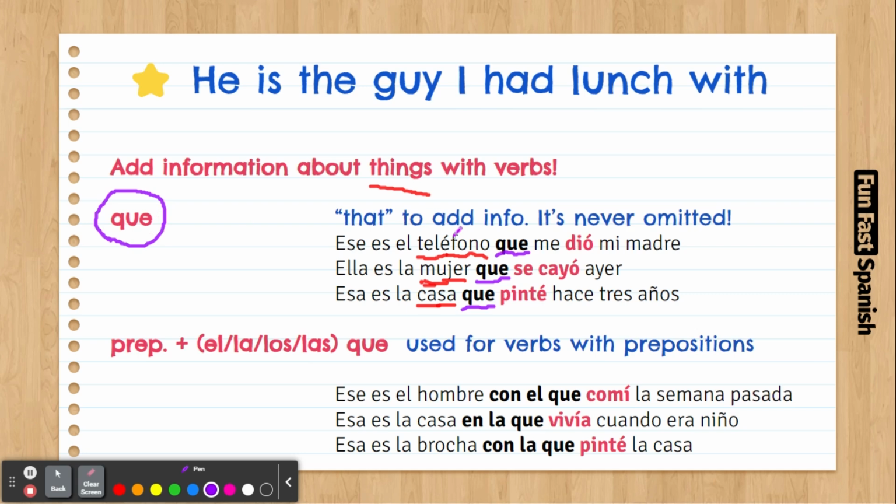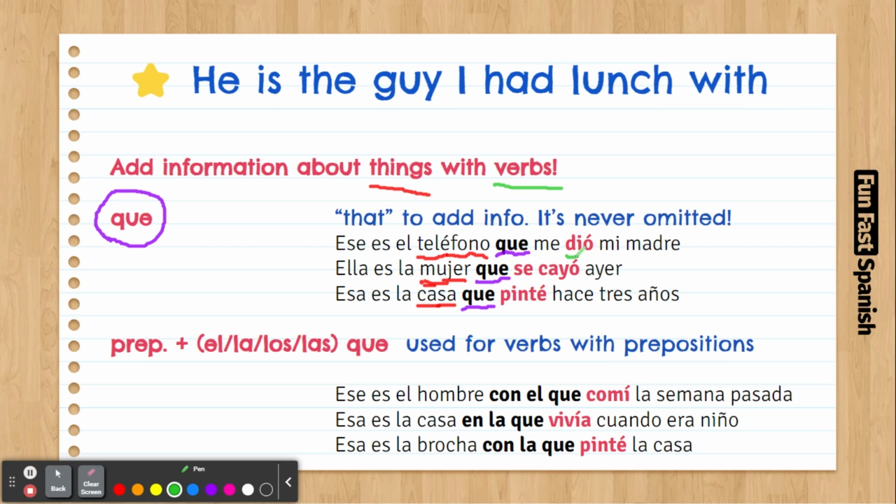Like in English, you say, this is the phone my mom gave me. No, this is the phone that my mom gave me. It's just to give you an idea how it works. Now, this is pretty simple, right? You just put the word que and then you can say whatever you want with it. Also, the verb is also after that.